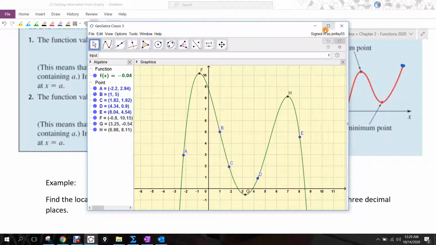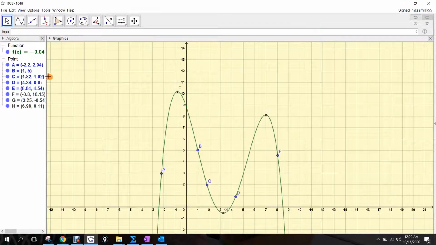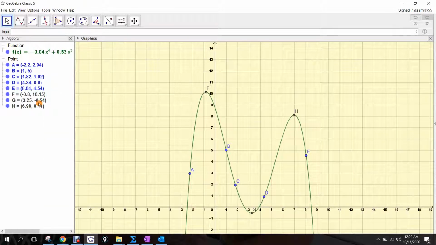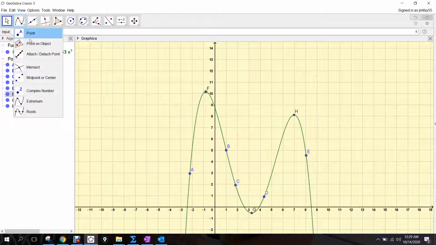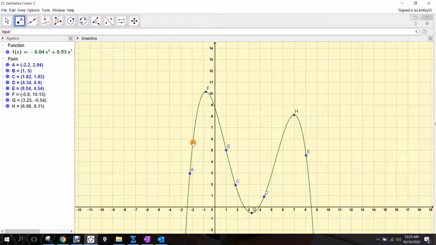If I look at F here, I think you can argue that the y value of 10.15 is the highest on this entire function, no matter where I put a point. Okay, so let's look at I. Let's make it red.